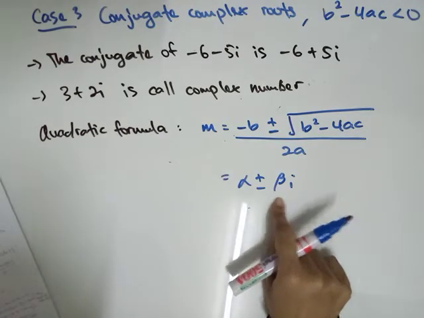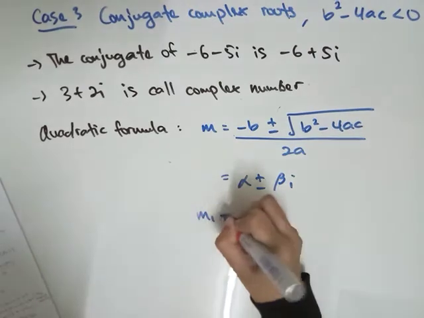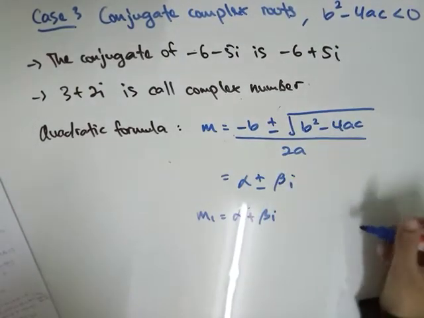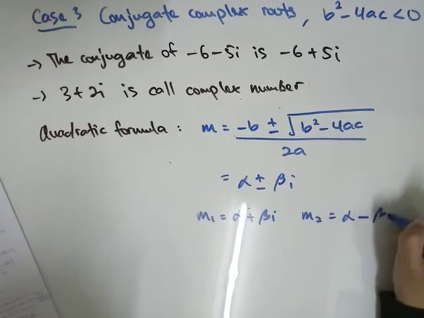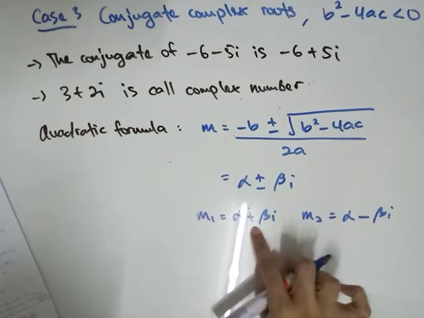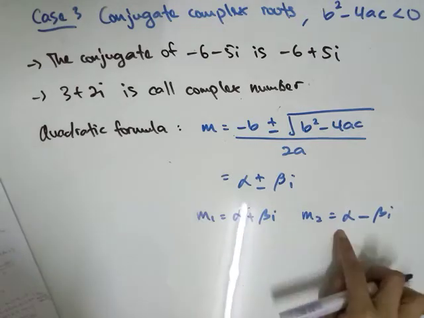Then you have 2 roots here: m1 is alpha plus beta i, and m2 is alpha minus beta i, because we have plus minus here. So m1 is plus, m2 is minus. So we have 2 roots here.